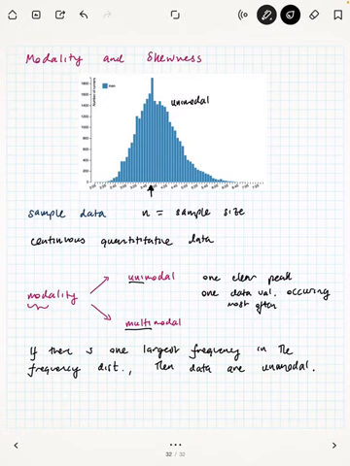And if not, then it would be multimodal. Or, in some cases, if it is all about even, which we'll see an example of, then this doesn't really apply.